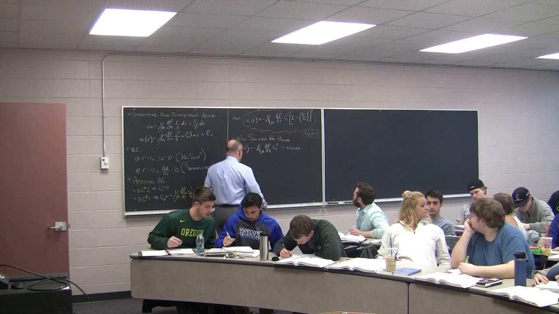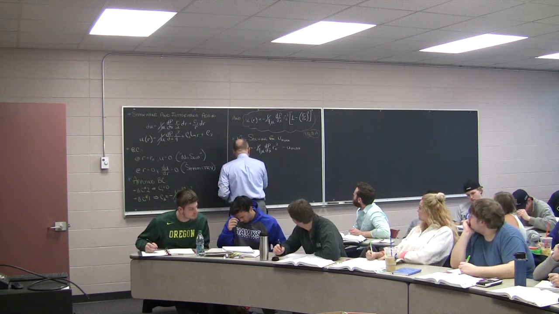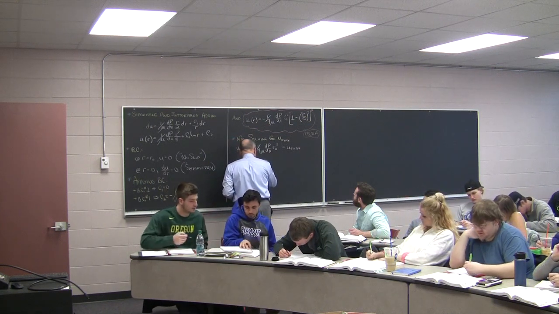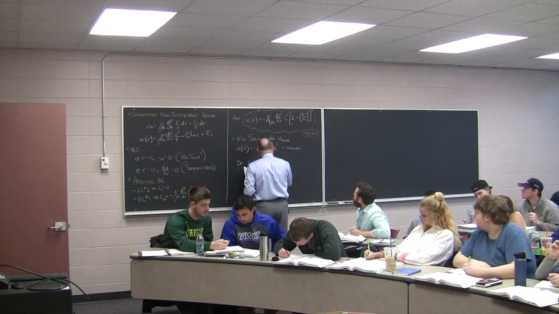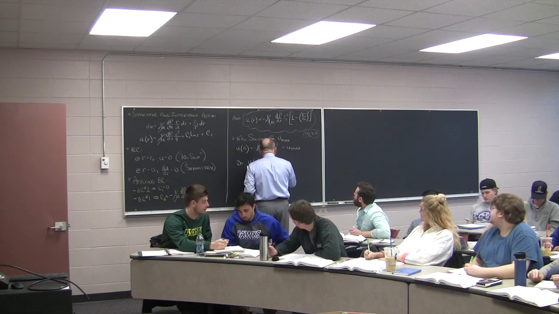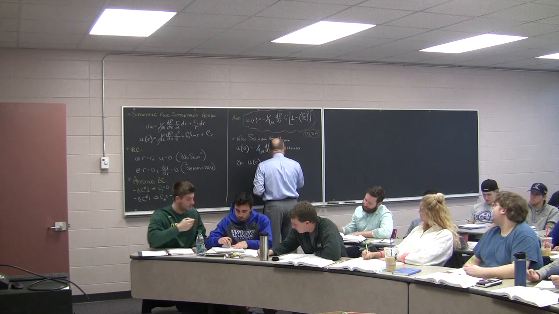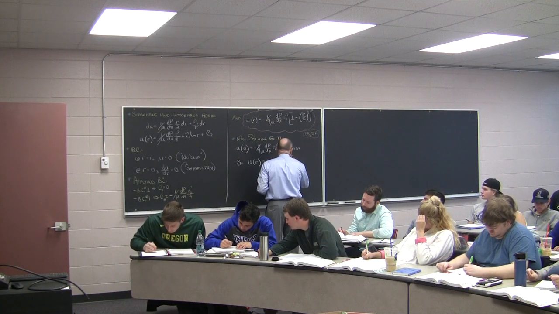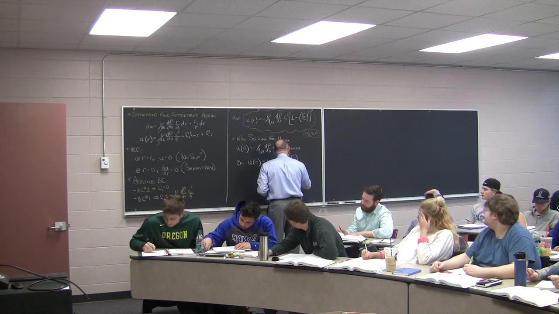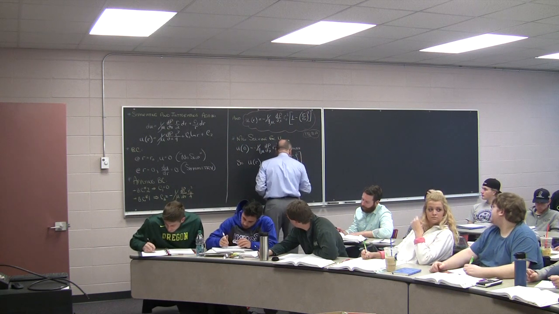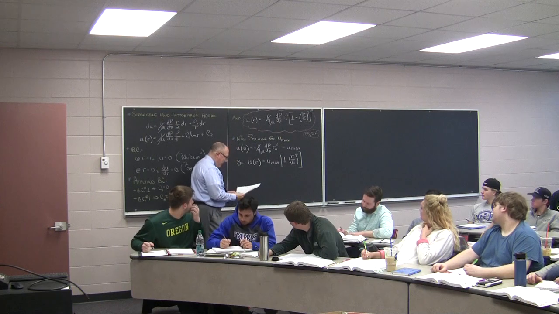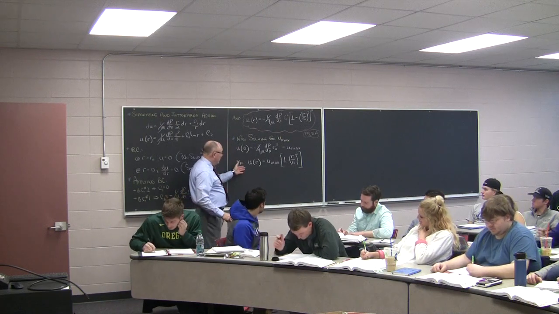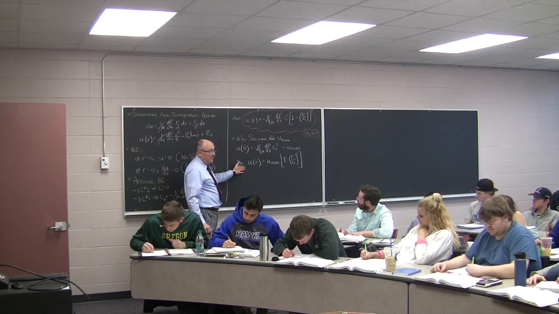What that means is u, a function of r, is equal to the maximum velocity times 1 minus r over r sub 0 squared. And that is the expression that we have for u, a function of r.